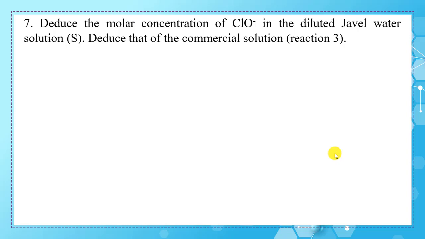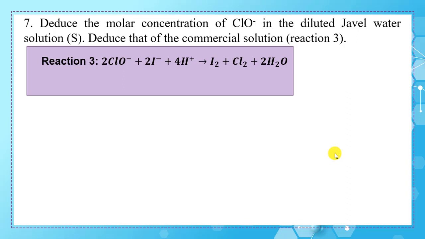Deduce the molar concentration of ClO- in the diluted Jebel water solution and deduce that of the commercial solution using reaction 3. This is reaction 3. You can see in reaction 3 we have a relation between the number of moles of ClO- and the number of moles of I2. So, according to the stoichiometric relation in reaction 3, the number of moles of I2 over 1 is equal to the number of moles of ClO- over 2.